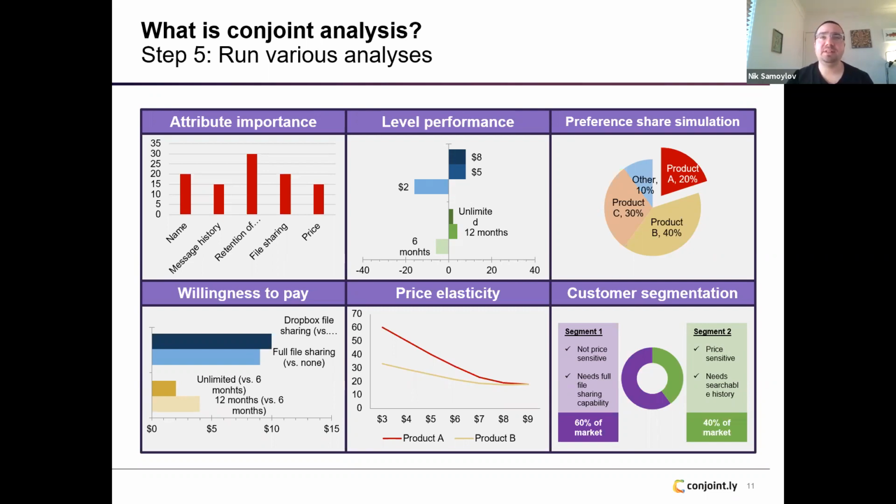We can understand price elasticity of demand, and we can do customer segmentation. So we can segment the market based on their preferences, not just on demographics and psychographics and other things. So that's the power of conjoint analysis. From this choice exercise that we give to respondents, we understand their preferences for each individual, and then we use that information to get all this rich information.